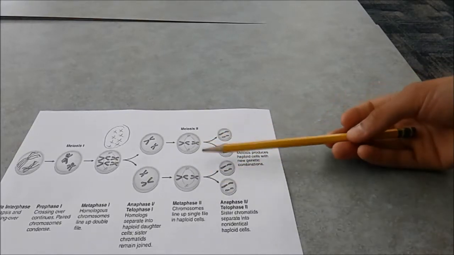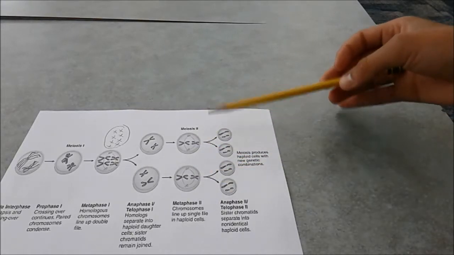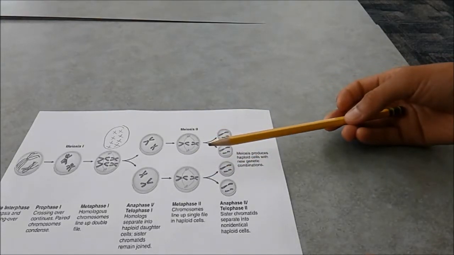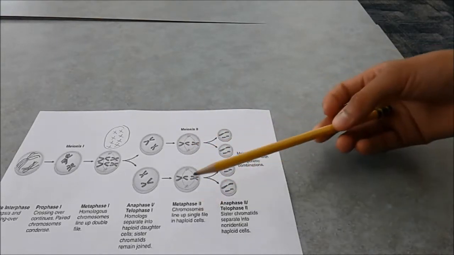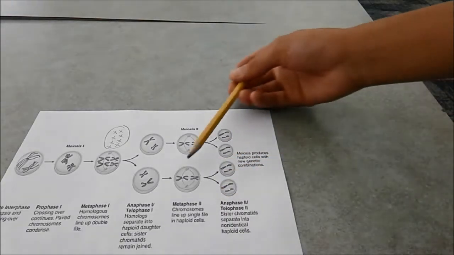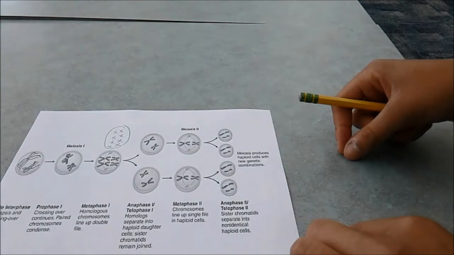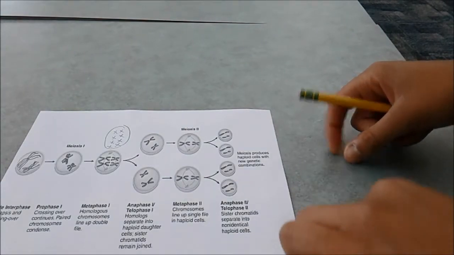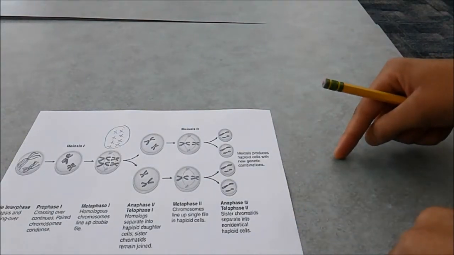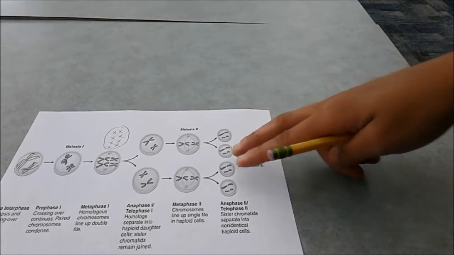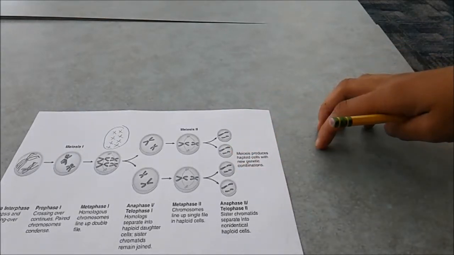This differs from mitosis because in mitosis, they were diploid instead of haploid cells. Now these haploid cells also begin to divide, go through telophase 2, where they also divide as in mitosis, except at the end of meiosis 2, there will be 4 haploid daughter cells.